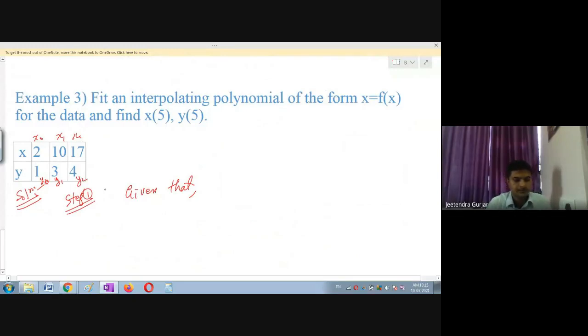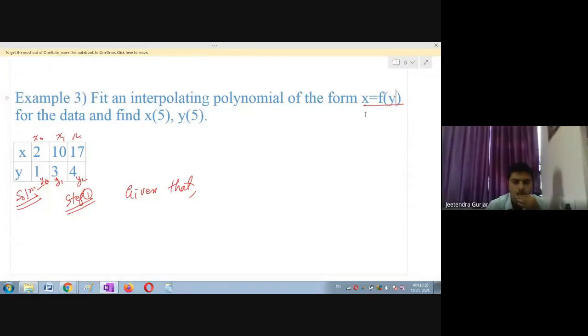Please try this example, students. Very simple, they have given. You can see x is equal to f of y, so this polynomial must be in terms of y. Now tell me which formula you will use. Is it Lagrange's formula or Lagrange's inverse interpolation formula?